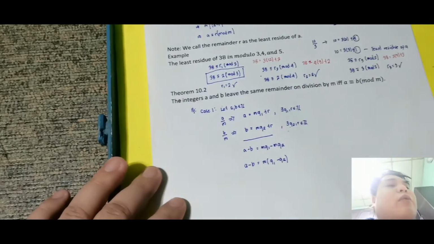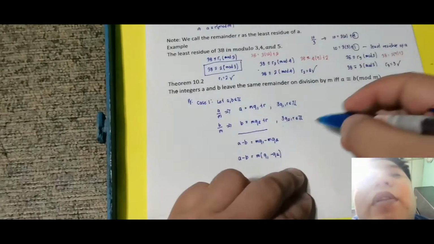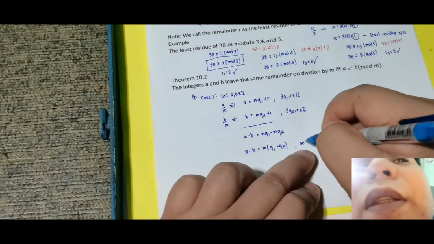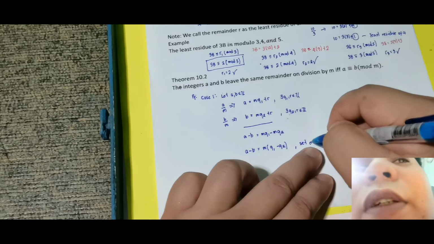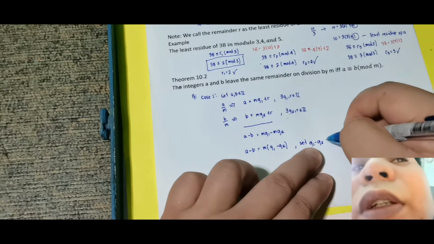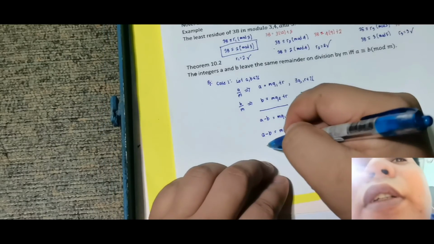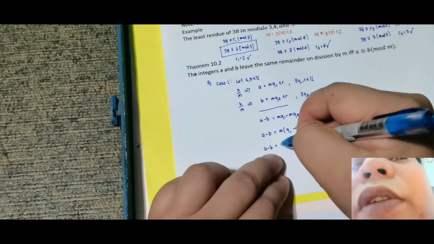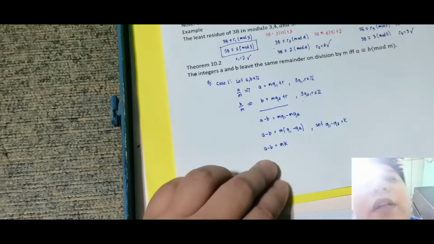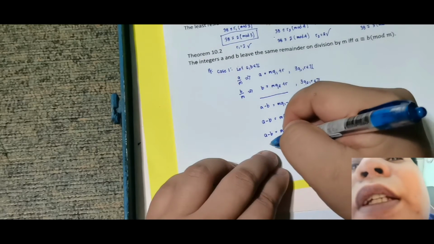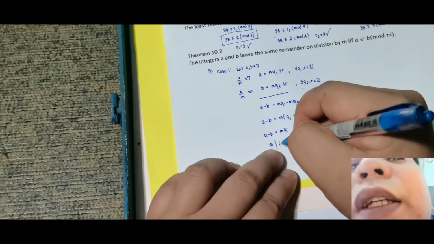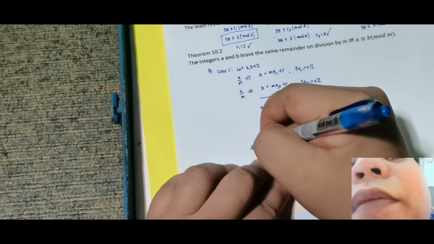We all know that q sub 1 and q sub 2 are elements of integers. So let's set q sub 1 minus q sub 2 equal to k. So a minus b is equal to mk. Then by definition of divides, m divides a minus b.